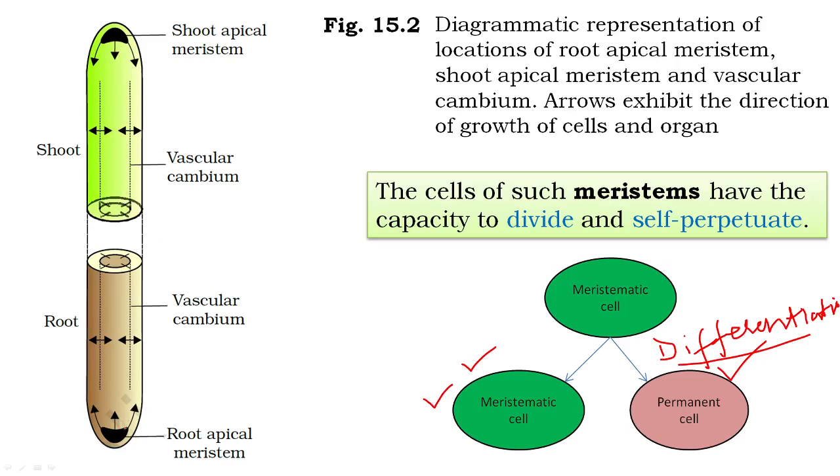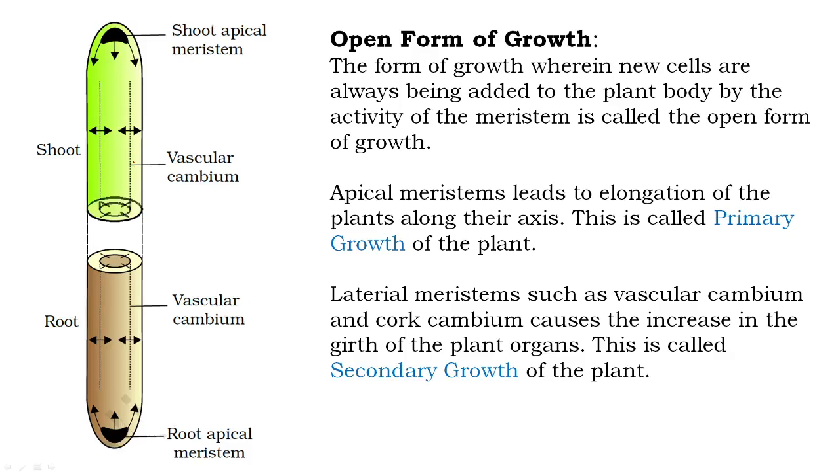Shoot apical meristem and root apical meristem increase the length of the plant, and vascular cambium and interfascicular cambium increase the girth of the plant. This is called open form of growth, the form of growth wherein new cells are always added to the plant body by division of meristematic cells.